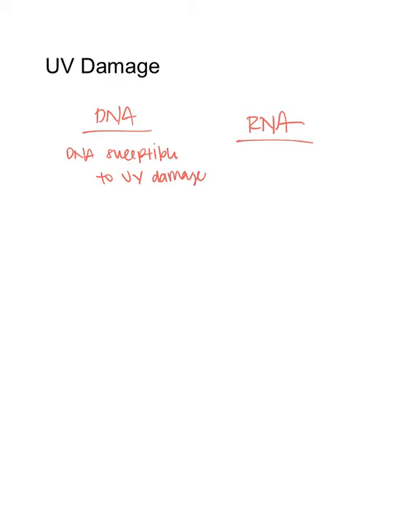Compared to DNA, RNA is fairly resistant to UV damage. Does it get damaged at times? Yes, but it is much more resistant than DNA. That is our last difference that we're going to look at.